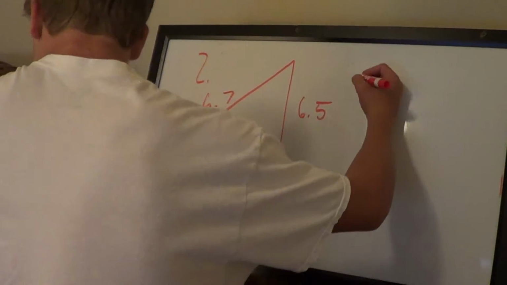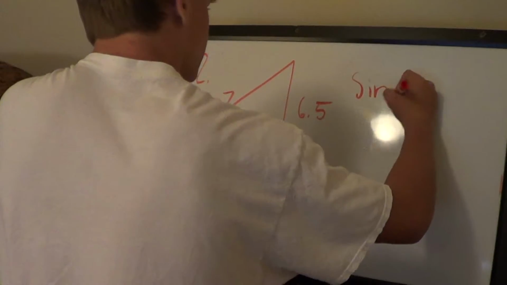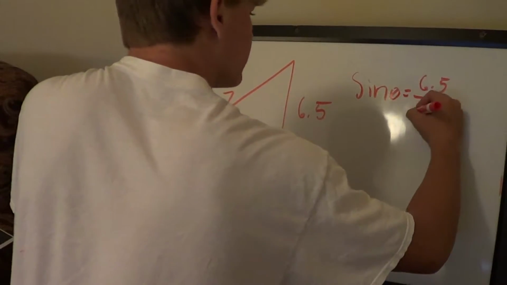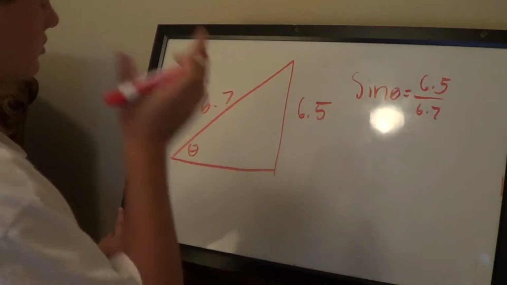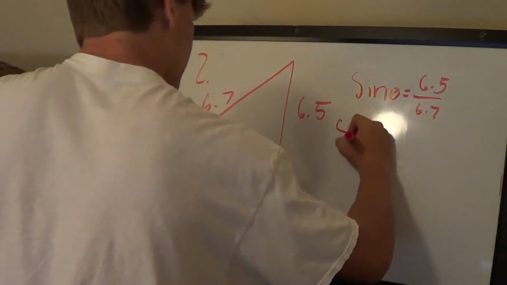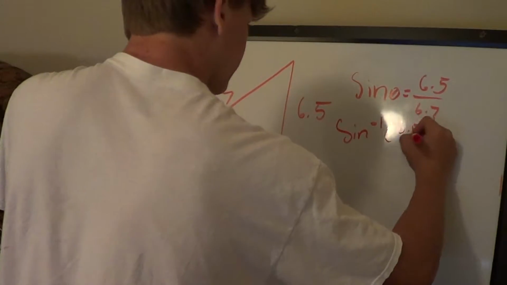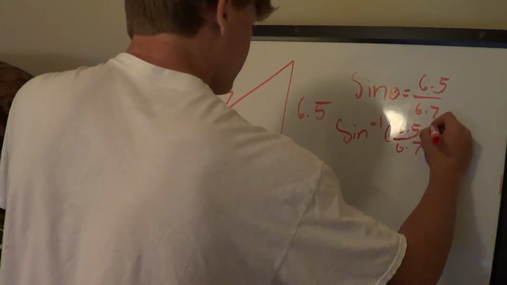And this would set up to be sine of theta equals 6.5 over 6.7. And when you're trying to find angles, you have to do sine inverse of 6.5 over 6.7.